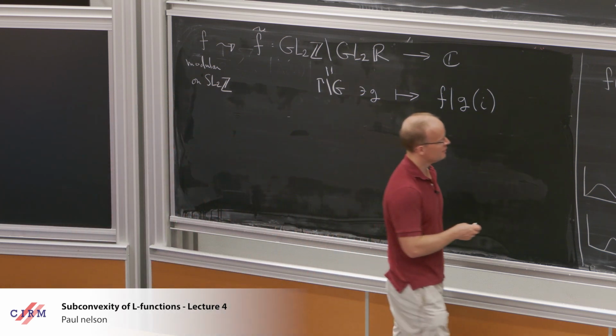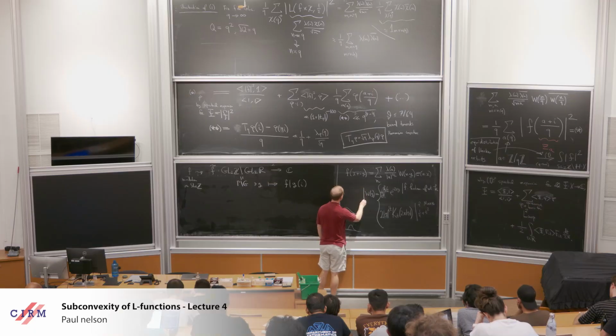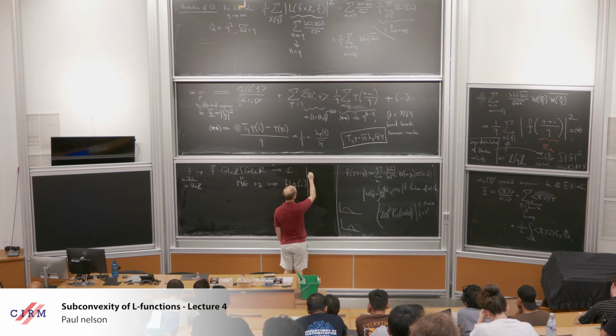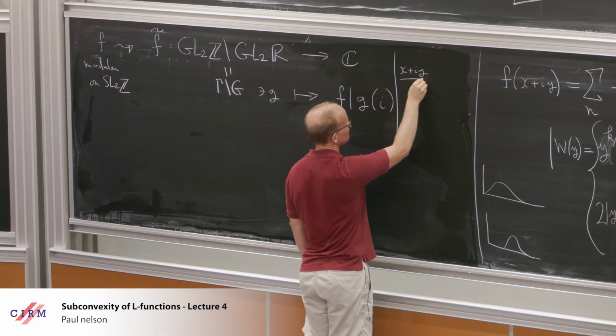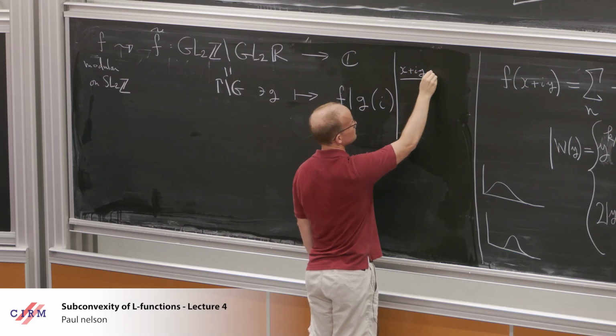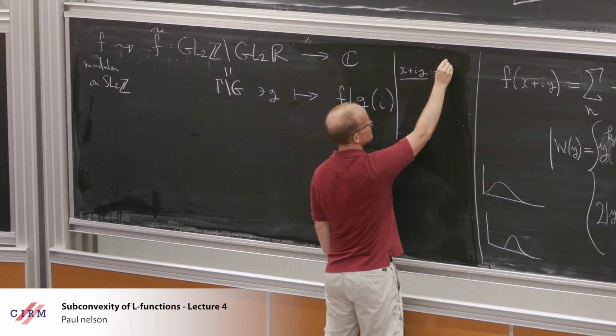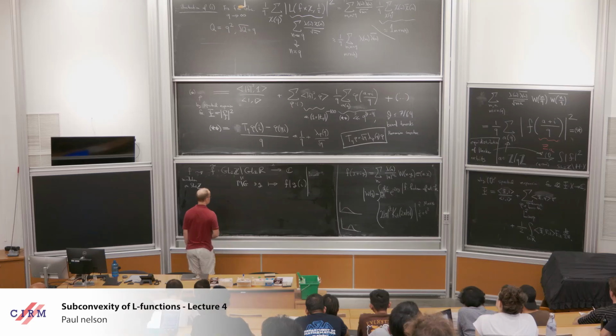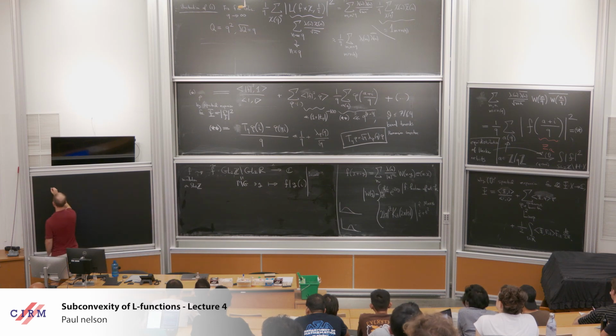And if you do that, then the function you get up here, I like to use the notation underline x plus iy, let's define this to be the matrix in GL2 given like so. I should write this bigger. I'm not using this board.